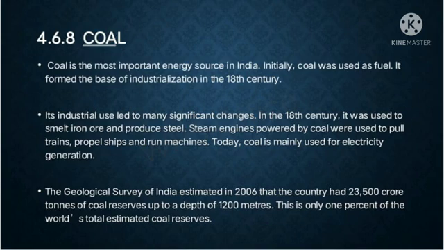The Geological Survey of India estimated in 2006 that the country had 23,500 crore tons of coal reserves up to a depth of 1200 meters. This is only 1% of the world's total estimated coal reserve.